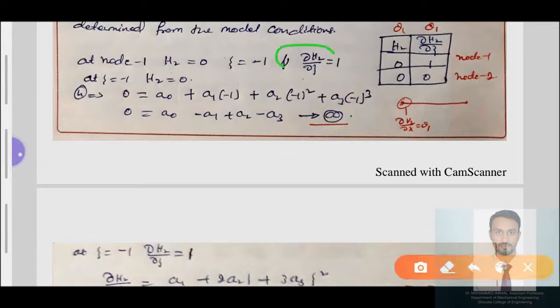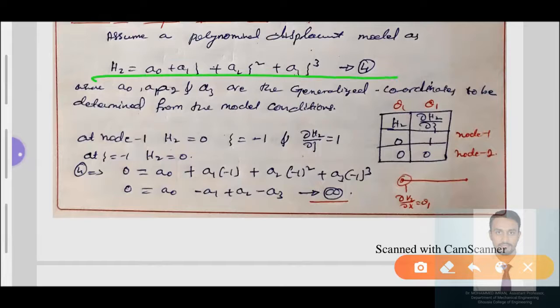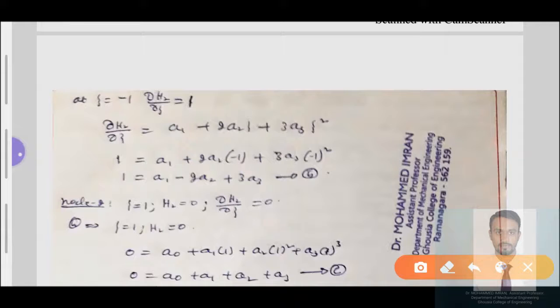So now to find this value, we have to differentiate equation number 4 with respect to zeta one time. When we differentiate, dou h2 divided by dou zeta is equal to A1 plus 2A2 zeta plus 3A3 zeta square.